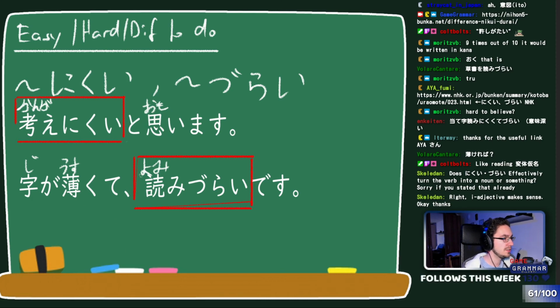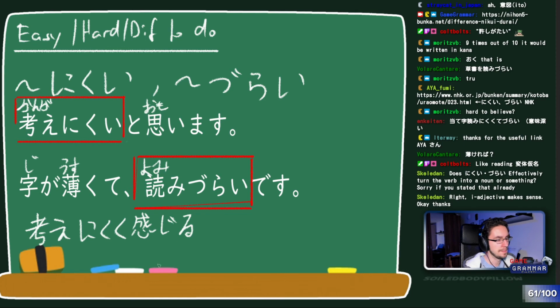You can theoretically use 読みづらい or 考えにくい as an adverb as well, or an adverbial. So grammatically, this would be fine. You could say something like 考えにくく感じる.